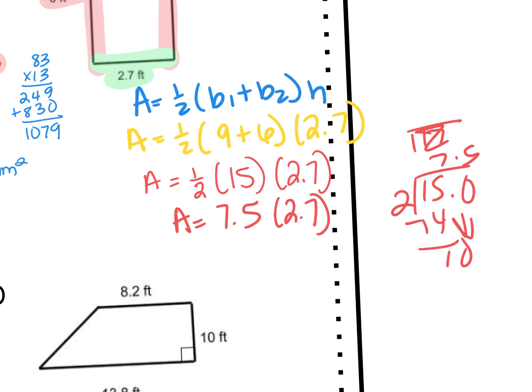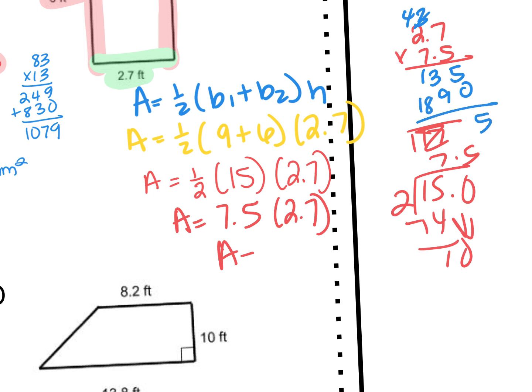Remember, taking half of something is the same thing as dividing it by 2. So your work should look exactly like mine. Formula, plug in your numbers, start solving it until you can get to your final answer. If you need to press pause so you can catch up. But I'm going to multiply this over here off to the side. Eight, 9, 10.